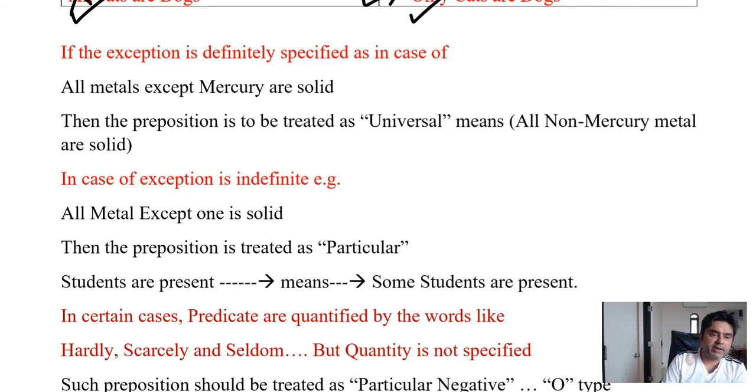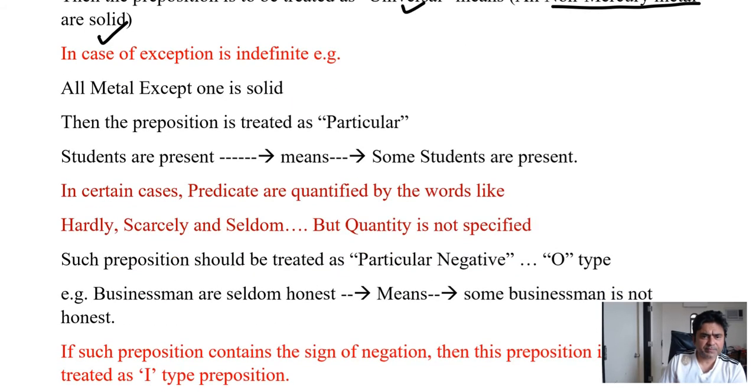In case the exception is indefinite, for example, all metals except one are solid. Now one means mercury. Then the proposition is treated as particular. So if it is written all people except Karan, now you cannot say, because all is written here, that it is a universal affirmative proposition.